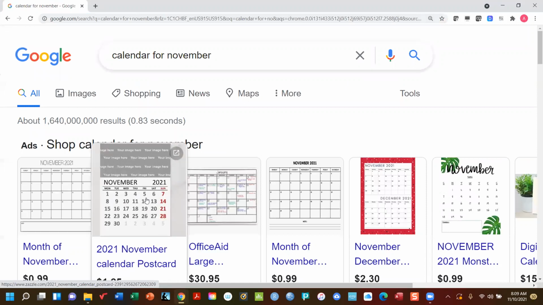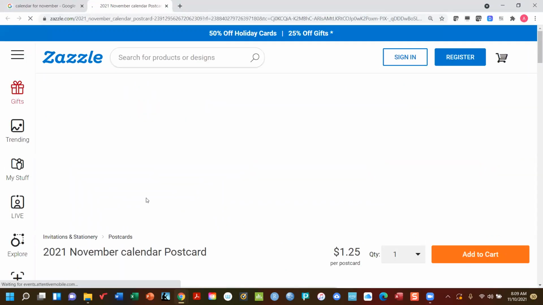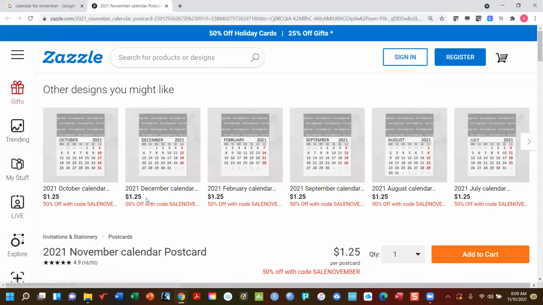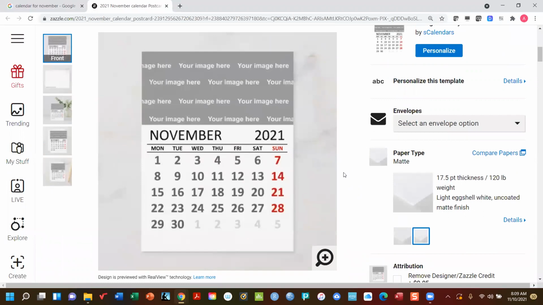Let me just open this up and confirm it. There's no point just saying something off the top of your head. So we need November. Today's the 10th. Oh, look at this calendar, it starts on Monday. That's weird. Okay, so yes, we'll have today and next Wednesday and then we're off.